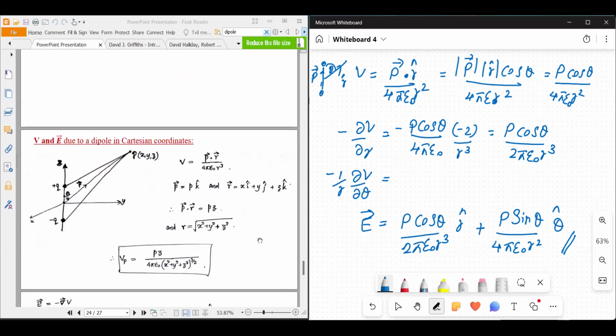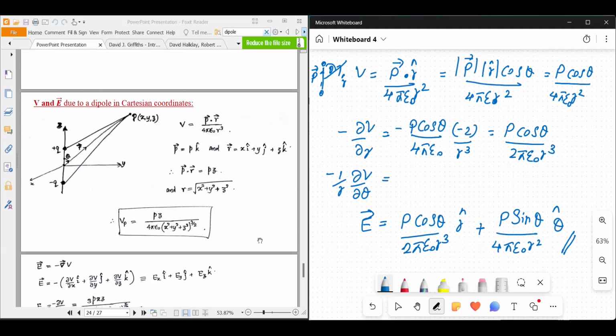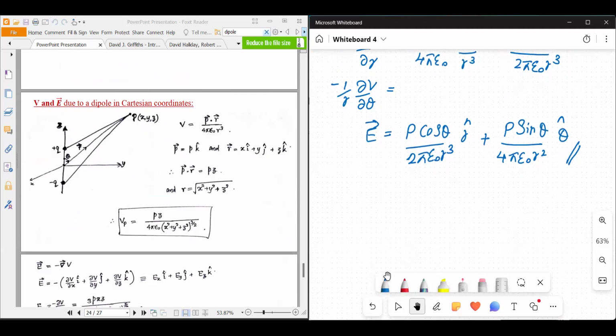And also we can do the same calculation in Cartesian coordinate system. Now in Cartesian coordinate system, the same potential is equal to P dot r over 4πε₀ r³. And then in Cartesian coordinate system, we can write the dipole moment.